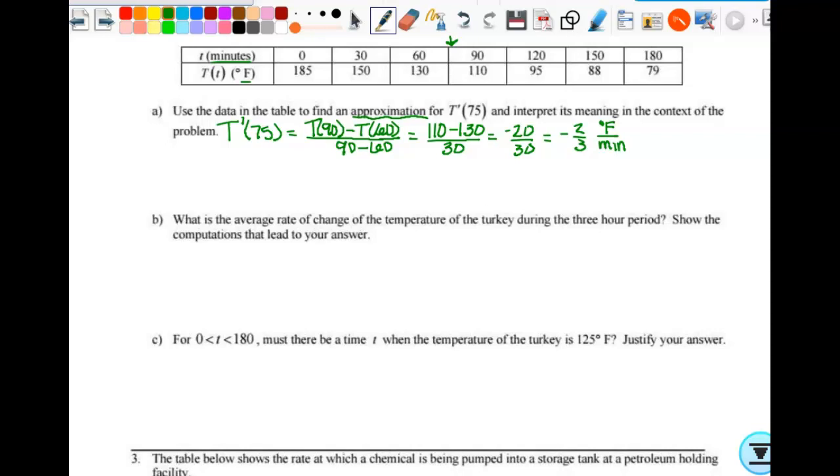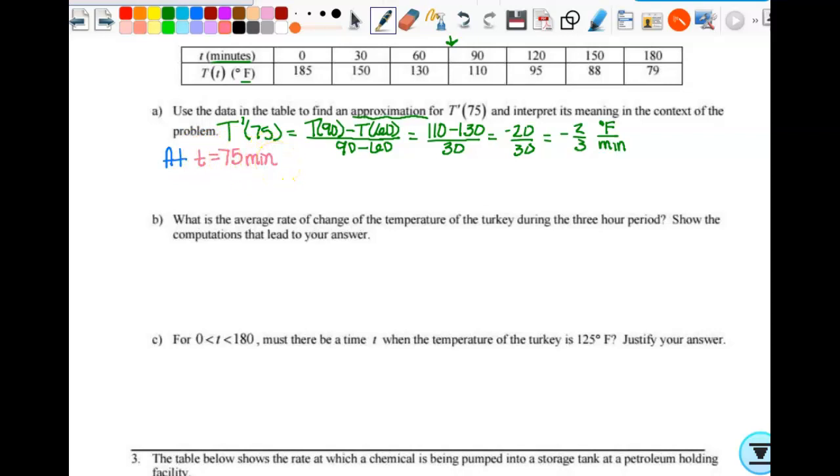Okay. Everybody okay with where everything came from? Okay, so now we're going to use that to explain ourselves. So we say at t equals 75 minutes, right?